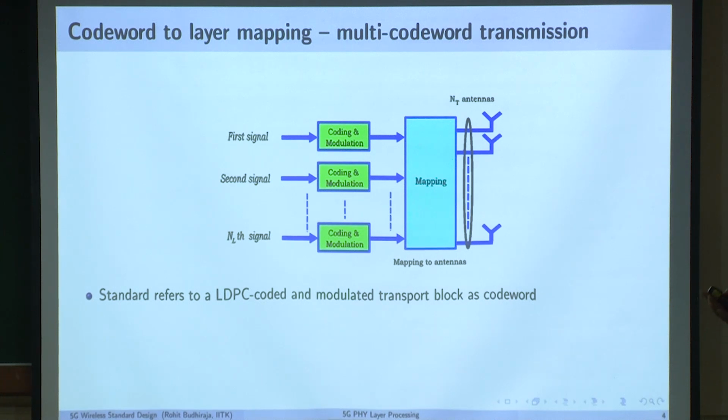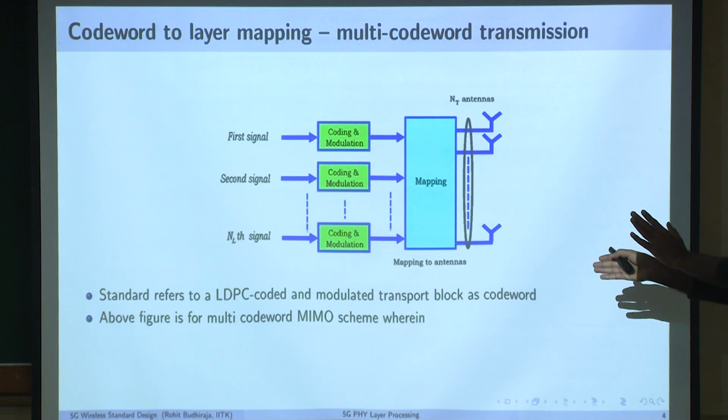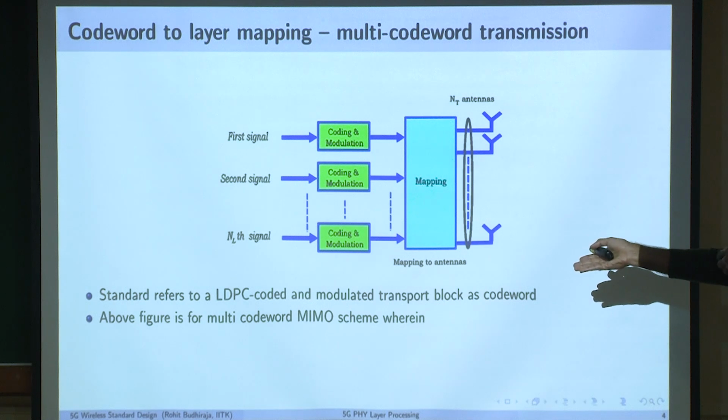But the standard has not implemented it like that, though it is one architecture to transmit NL layers. Is this idea clear? This kind of transmission is called multi-code word transmission. Forget NL equal to 8; if there are only NL equal to 4 layers, one way, which we have done, is only one code word. You get one transfer block, and the way it is implemented in the standard, one transfer block gives you one modulated code word. What I am saying here is that there is another way of implementing the system.